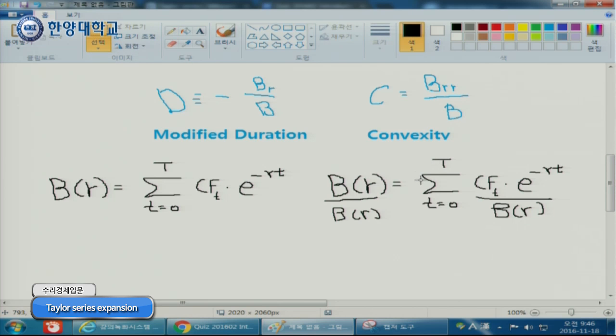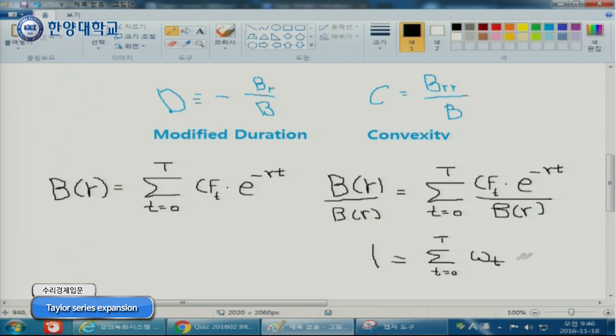If we divide both sides by B(R), well then the left side is 1, right? So it becomes 1 equals summation of T equals 0 to big T of W_T, right? Because I divide each side with the same number, so it is 1.